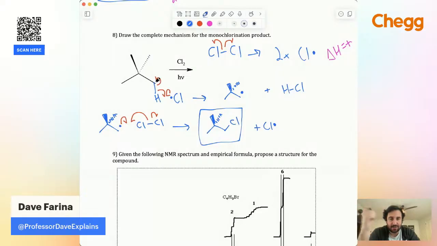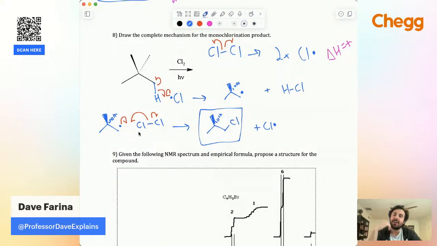That's a propagation step. Propagation steps are always covalent species plus radical species yielding some other covalent species and some other radical species. So we have the chlorine radical, we're generating an alkyl radical. We have a covalent hydrocarbon, and we're generating covalent HCl. So that's how we get the alkyl radical.